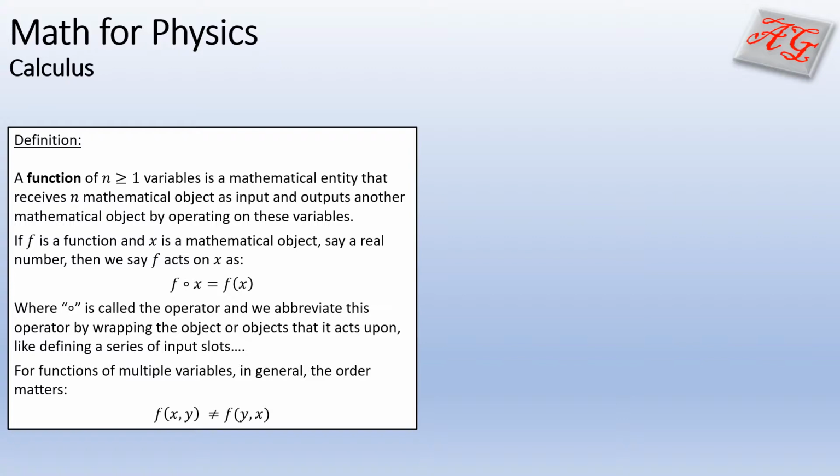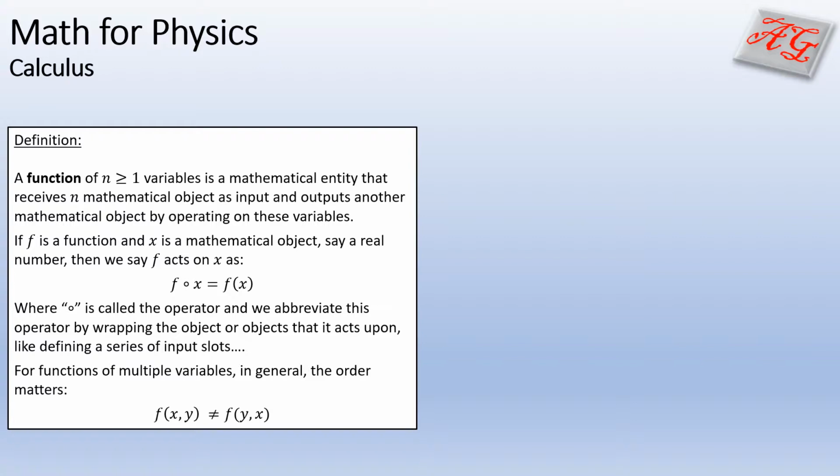Vectors, matrices, tensors, even text, real numbers, unicorns, whatever you can think of. And as it can take any of these objects, it can output any of these objects. In our case, we will be considering functions that take one real number and output another real number by means of the elementary operations of addition, subtraction, multiplication, and division.